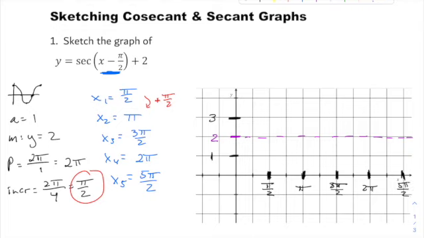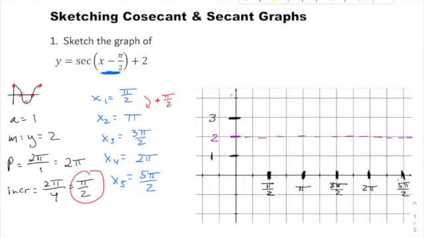Okay, now if I were graphing this as a cosine, and I'm even going to go so far as to do it, but with a dashed line because I'm not really graphing cosine, and you don't have to do this in order to draw these, but it's a nice visual, at least at the beginning. So remember those key points: on the midline, off the midline, on the midline, alternating.